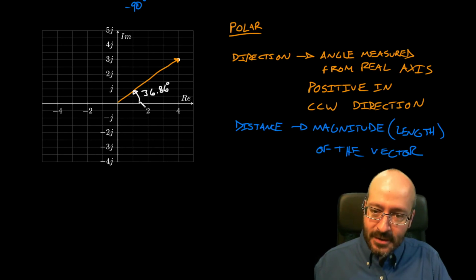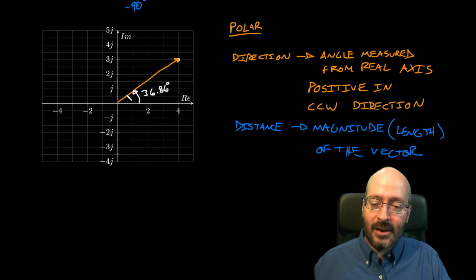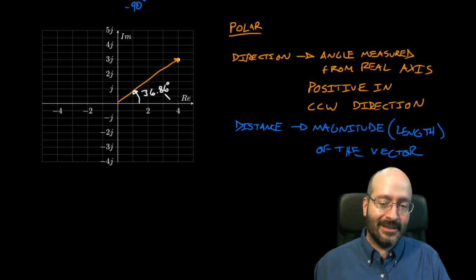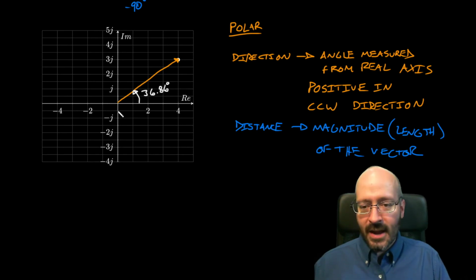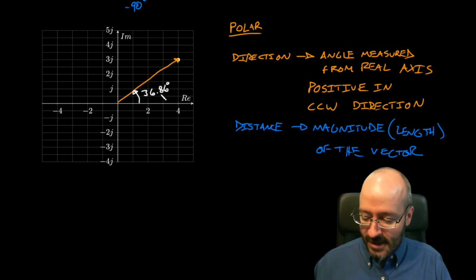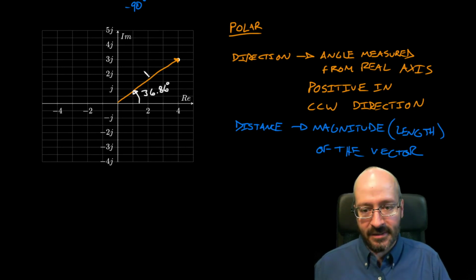Okay, so we measure the angle to that vector counterclockwise from the real axis, and this one is 36.86 degrees. And then we measure the length along this orange vector here, and we find that the distance is 5.